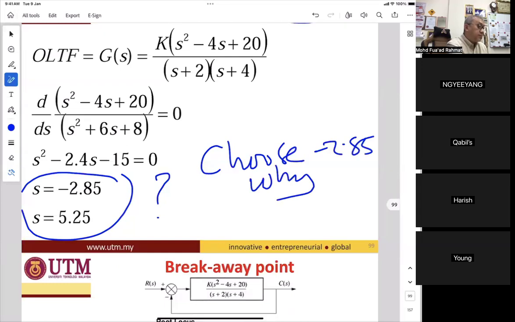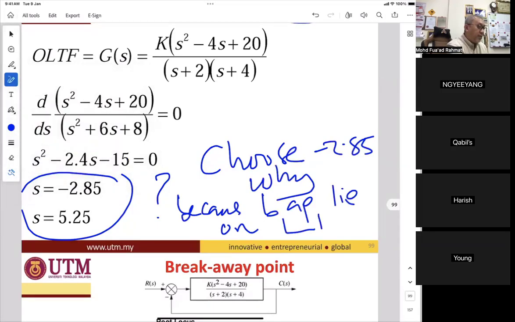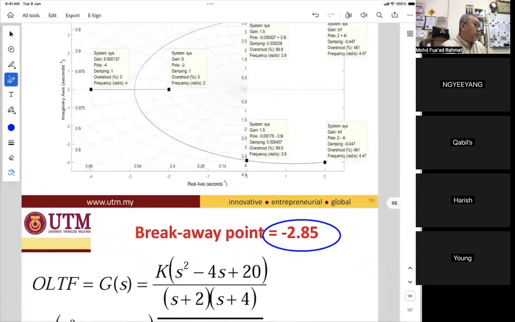Justification? Because s is less than 0, because the breakaway point lies on the left-hand side, the left half plane. Okay.